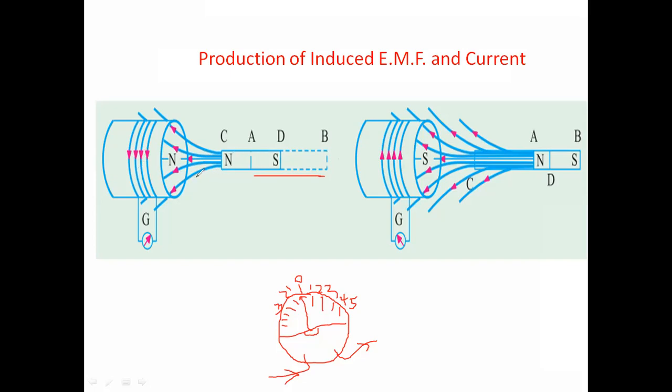It is far away from this coil, far away from this point A. So there is no deflection in the galvanometer. The galvanometer will deflect only if there is any current generated in the coil.